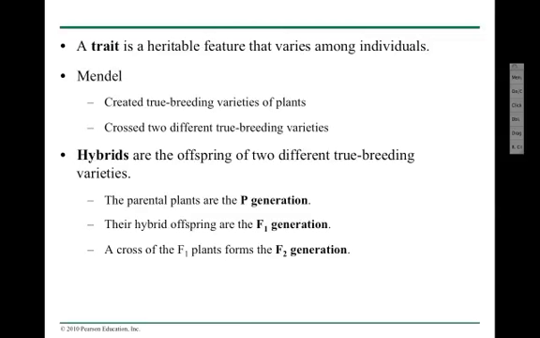The parental generation is the first generation that we're going to be looking at, and that's called the P generation. Their offspring, which are going to be hybrids, are the F1 generation. Then there's one more cross. Cross means a mating of generations. When you mate an F1 generation with another F1 generation, you now have an F2 generation.